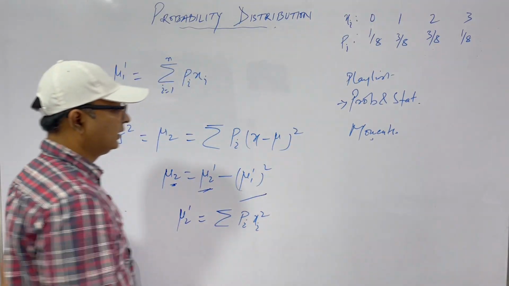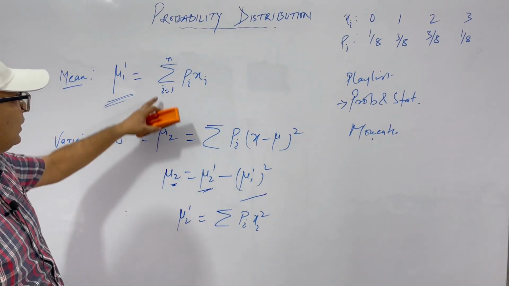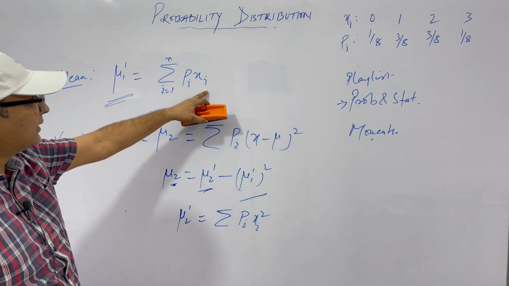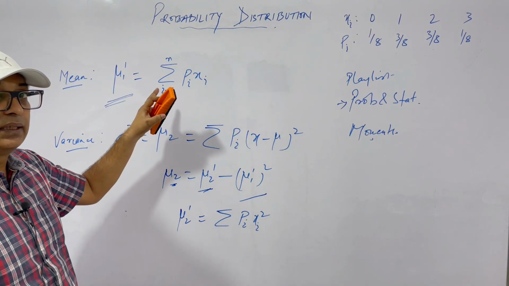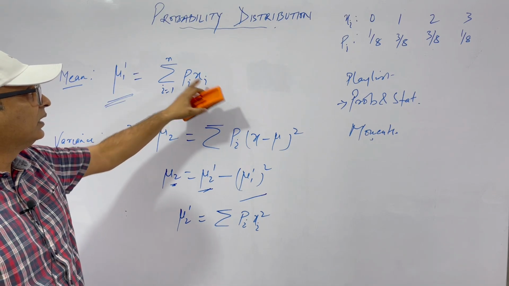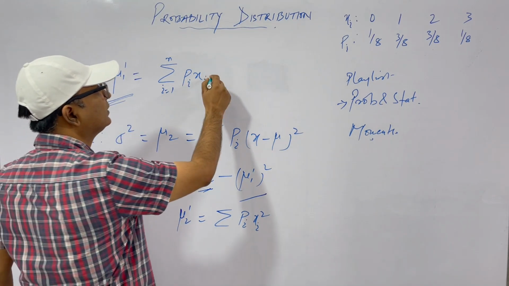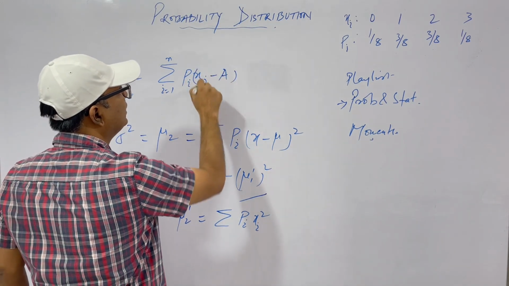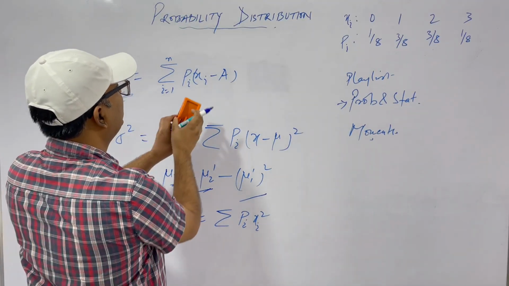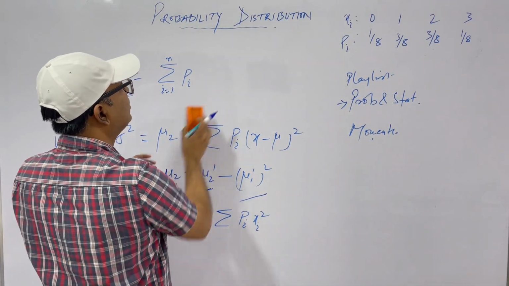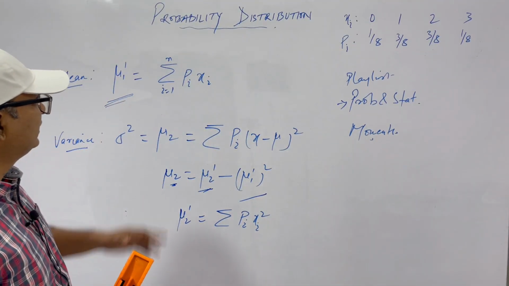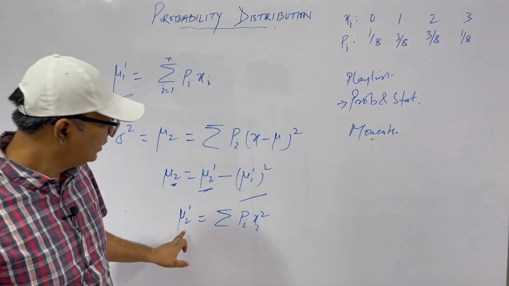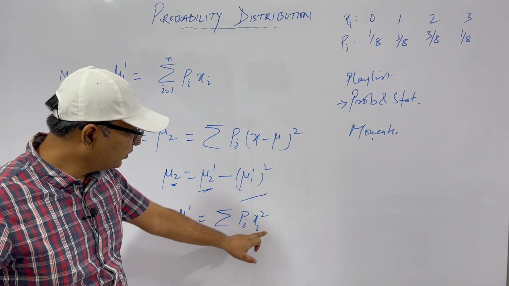Here pi is the probability and xi takes values 0, 1, 2, 3. So pi xi gave you the mean about the origin. If it was about a certain arbitrary constant a, it would have been xi minus a, but we are taking it about the origin, so a is equal to 0. So pi xi is mu1 dash, and mu2 dash is pi into xi square.